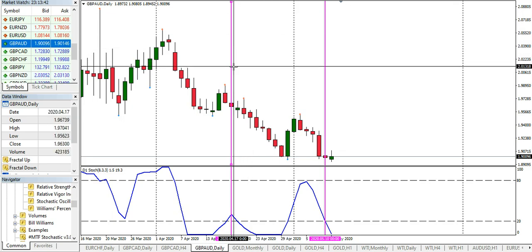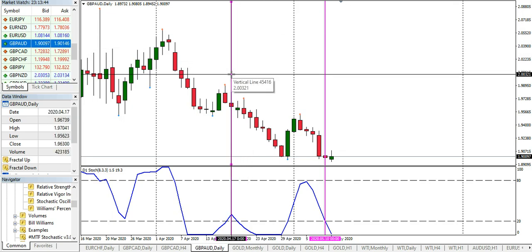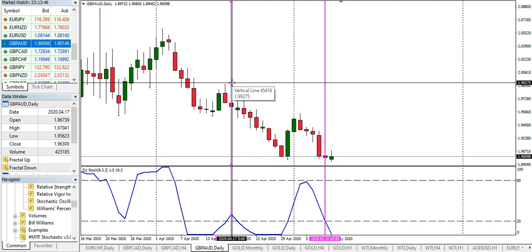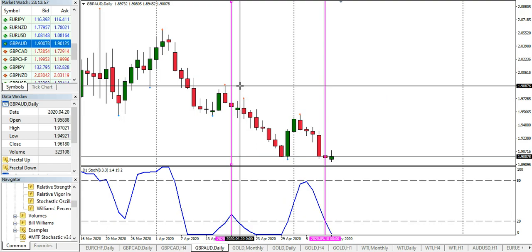So right here, at this first vertical pink line, we were not in the buy zone, so we wouldn't begin to look to buy. And I'm not saying to jump into the market buying, because this is a multiple time frame analysis strategy, where we go from the weekly time frame to the daily time frame to the 4-hour time frame, on which we will place our entry.